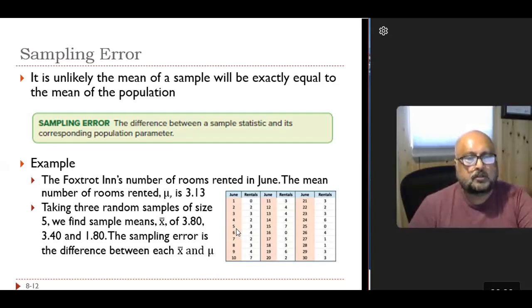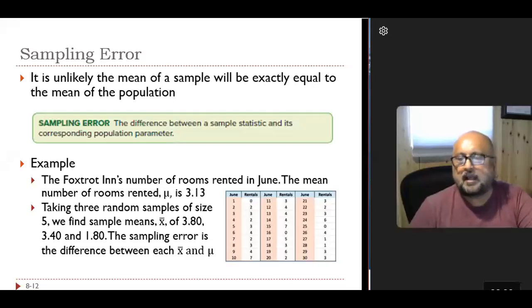Okay, so 3.80 minus 3.13. Then it is 3.40 minus 3.13, and 1.80 versus 3.13. So that's how we find it. 3.80 minus 3.13 gives us 0.67.